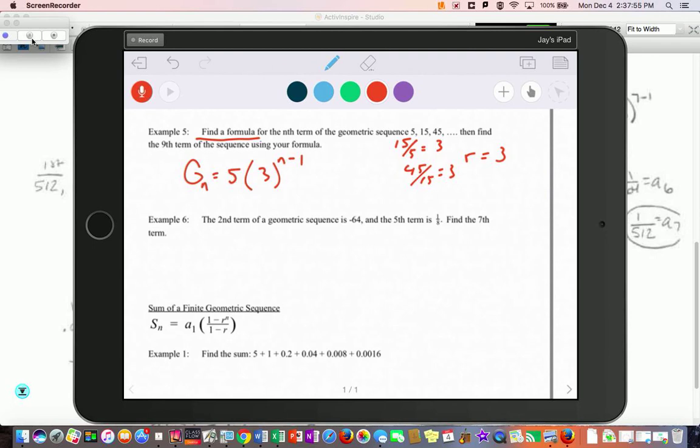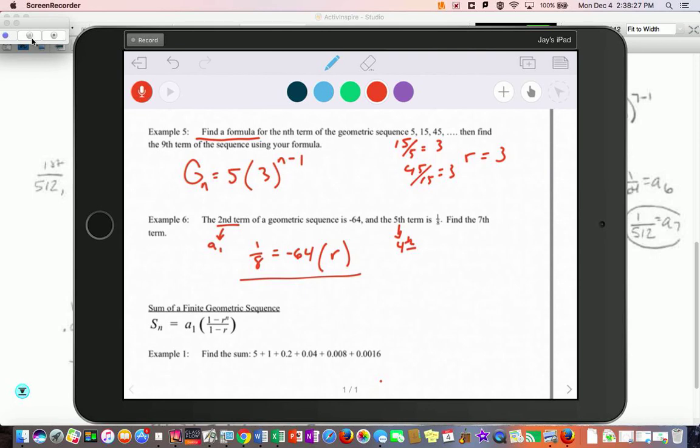So if I would set this up as negative 64 and 1/8 and r, so the idea would be if I make what is actually the second term into a sub 1 so that I can put it in for where the 64 is, I moved it backwards 1, so this would become what I'd call the fourth term.